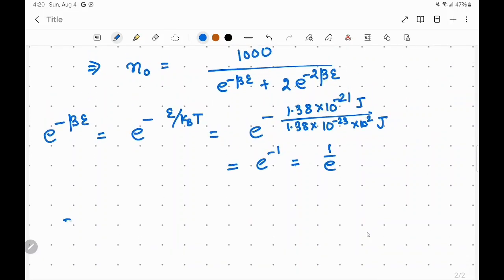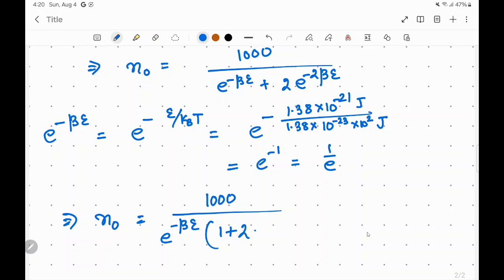So n0 will be 1000. Let common e to the power minus beta epsilon. It will be 1 plus 2 into e to the power minus beta epsilon, because e to the power minus 2 beta epsilon is there. Or you can directly calculate it from here.